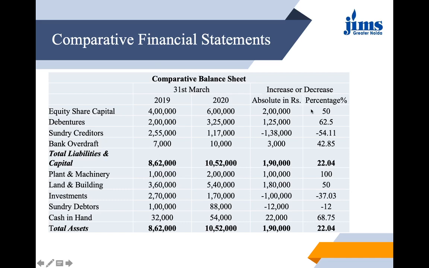Simply the percentages are calculated from the absolute terms, taking 2019 as base and the denominator. Quite simple, right? If you have a balance sheet, you just need to check whether the assets and liabilities have increased or decreased, and accordingly calculate the percentage increase and decrease, and you obtain a comparative balance sheet.